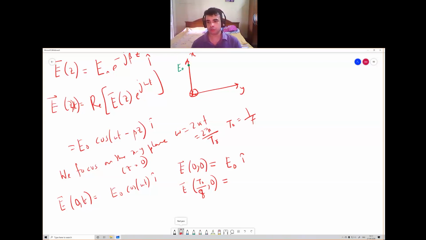And cos of pi by 4 is 1 by root 2. So this should be E naught i by root 2.